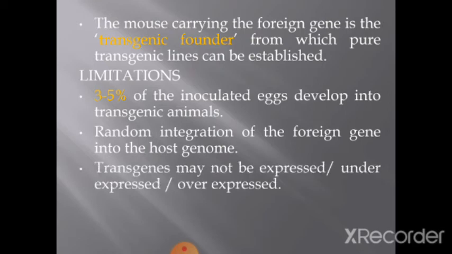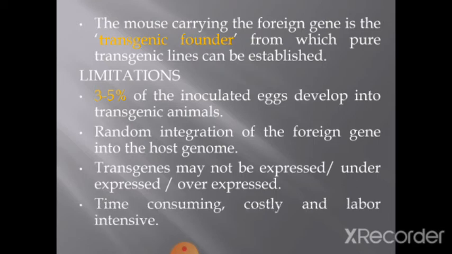Since these transgenes go and sit in odd positions, they may not be expressed, they may be underexpressed, or they may be overexpressed. Then the process is time consuming, costly, and labor intensive. So these are the drawbacks of this method of production of transgenic mice.